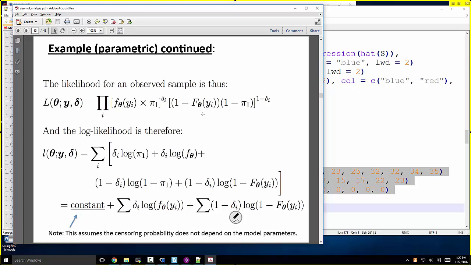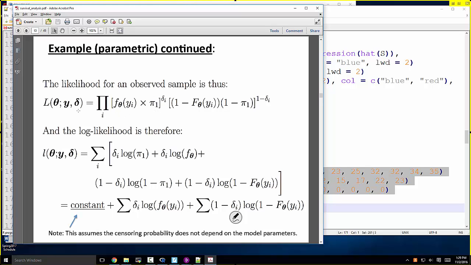And for those individuals, the contribution to the likelihood should not be the density, rather it should be the survival probability, 1 minus the CDF. Because any individual who was right-censored, all we know about them is that they lived greater than or equal to Y_i.